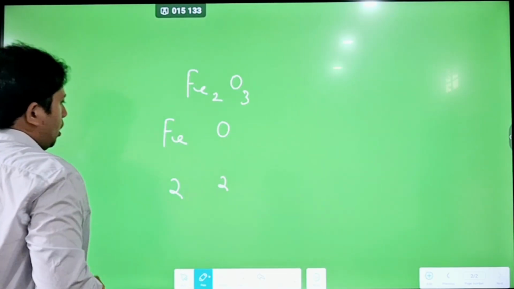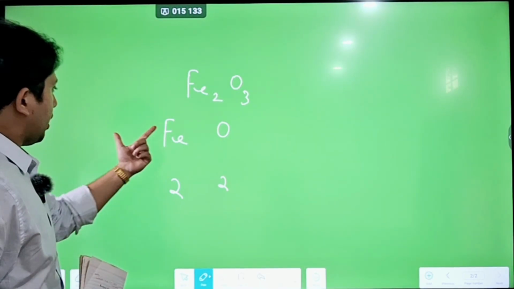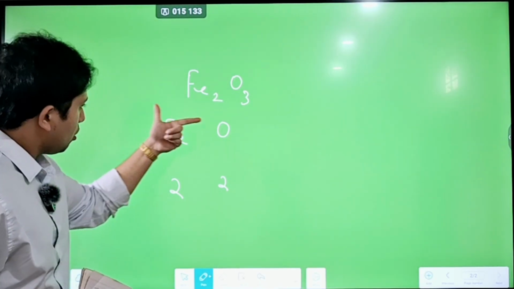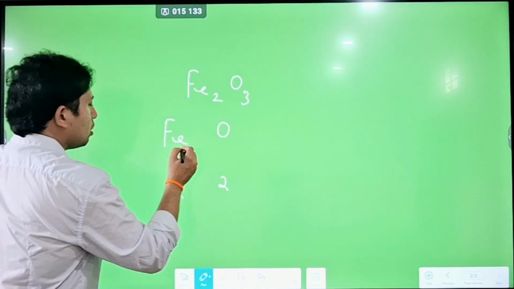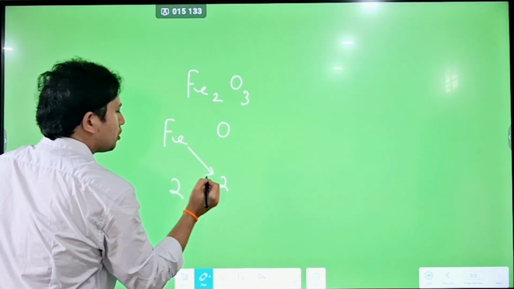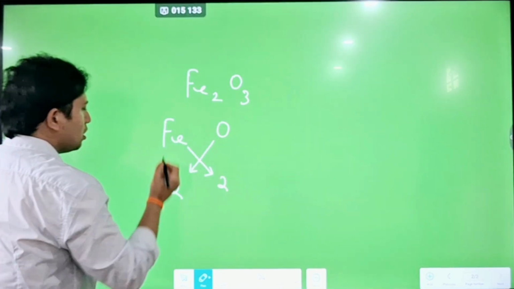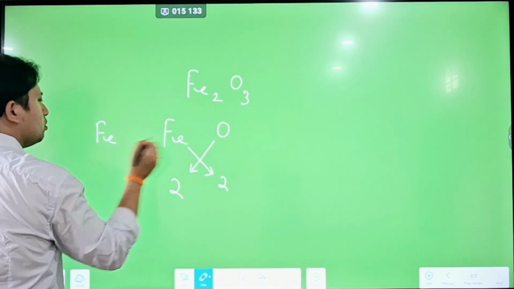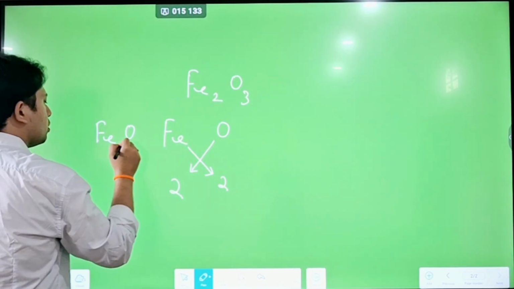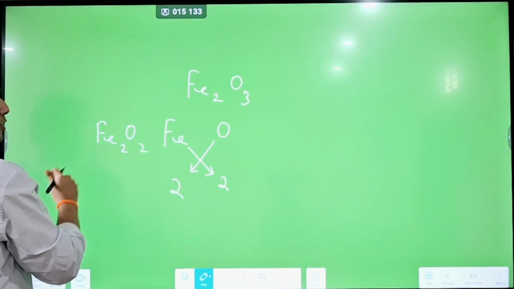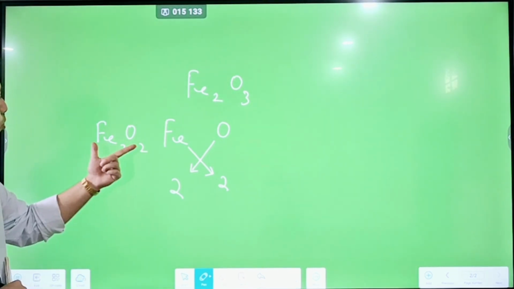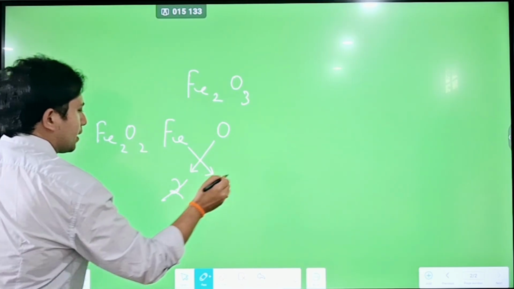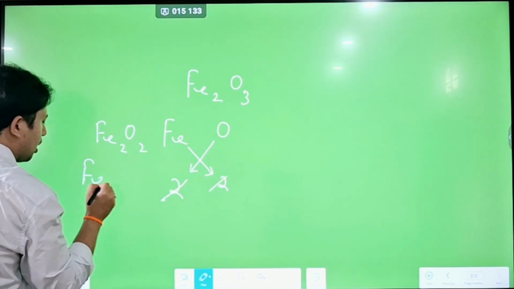Okay, iron's power is 2 in most cases, and oxygen's power is 2. We learned this concept in class 9. Taking the iron and oxygen powers, we get Fe2O2, and if we cancel the 2, we can simply write FeO.